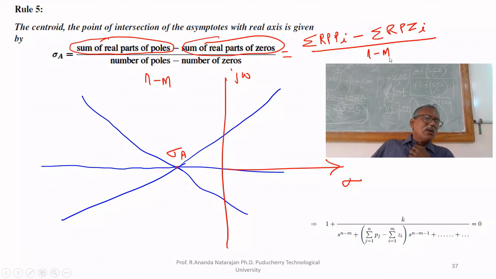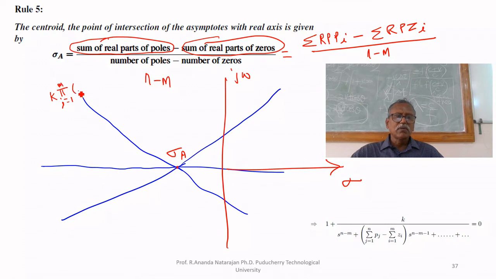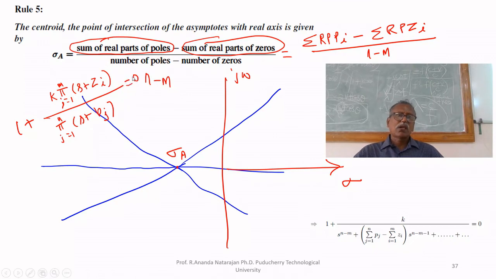Now, what is the numerator polynomial? K multiplied by the product of i equal to 1 to m of (s plus z i), divided by the product of j equal to 1 to n of (s plus p j) in the characteristic polynomial, equal to 0.